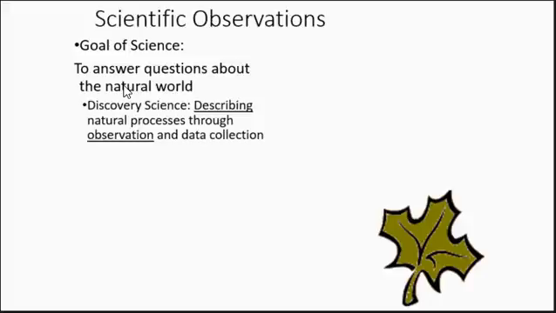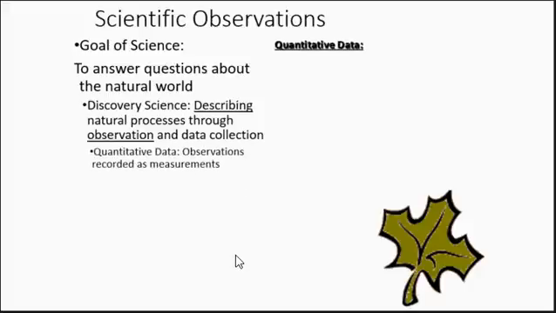What is the natural world doing? Describing it. And as the book talked about, there are two basic ways to collect data about the scientific world. One is called quantitative data, and the other is called qualitative data. The names are very descriptive of each one.